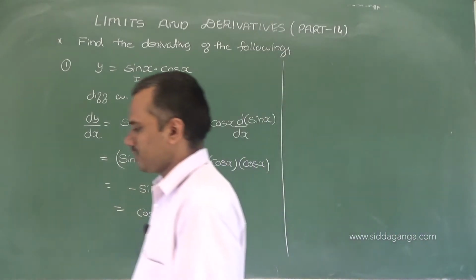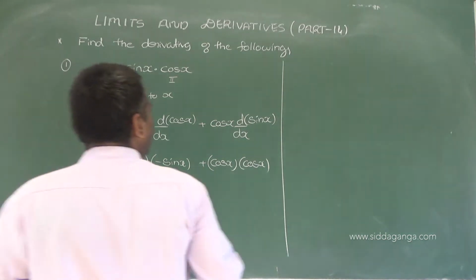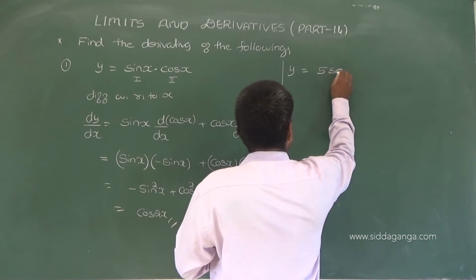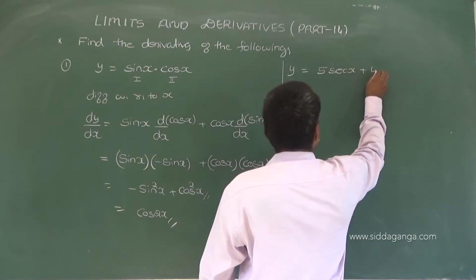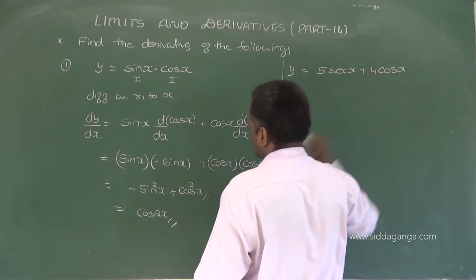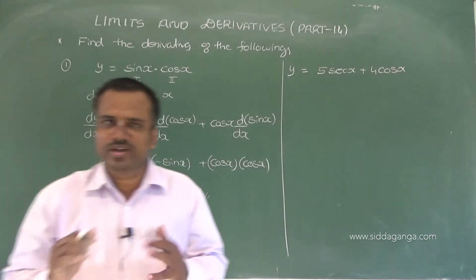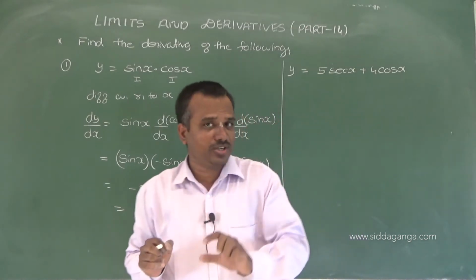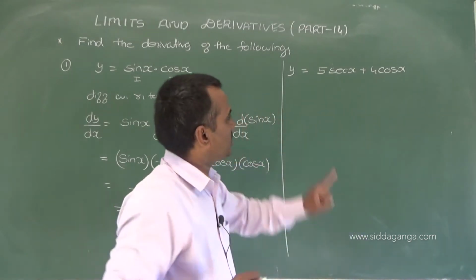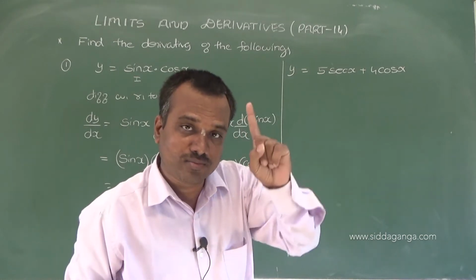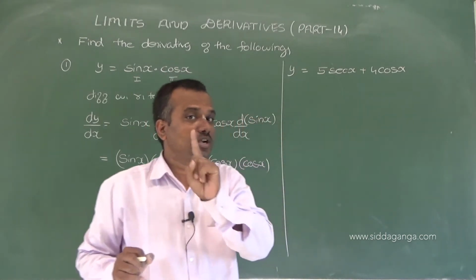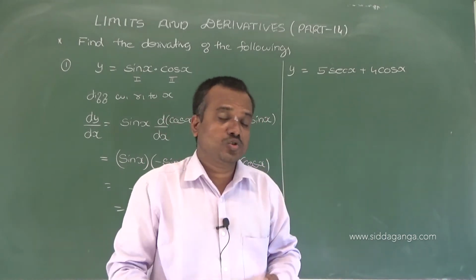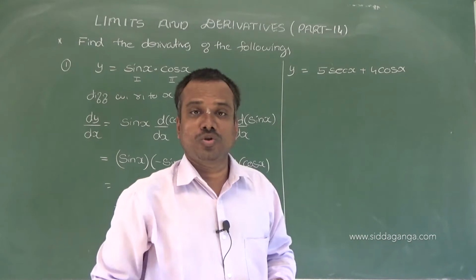Next problem. Second problem. y is equal to 5 secant x plus 4 cos x. In the textbook they do not give y is equal to; simply they give the function. When you differentiate, we represent the function in terms of y or in terms of f of x. That is very important. They do not say to apply the product rule, quotient rule, or addition rule.